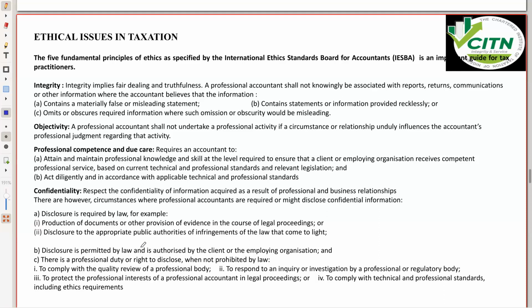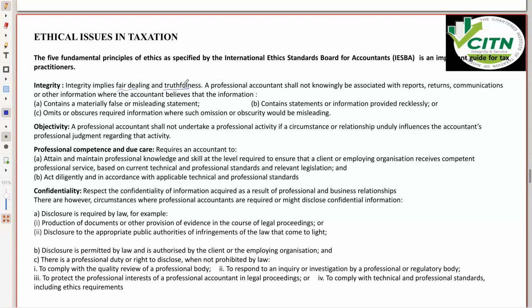One is integrity. So as a tax practitioner, it's important that we deal fairly and truthfully. In other words, our activities should involve fair dealing and truthfulness.